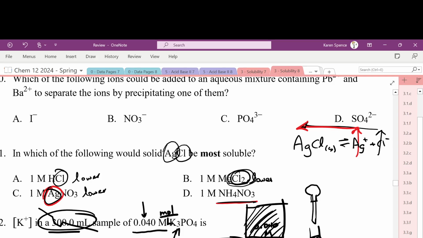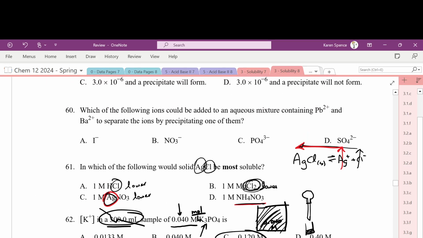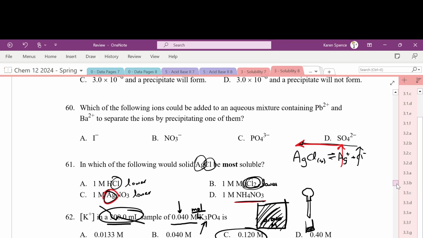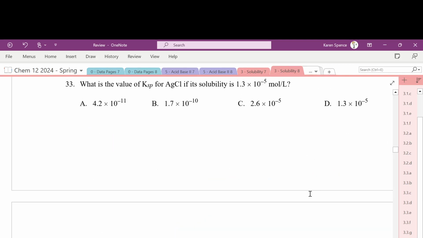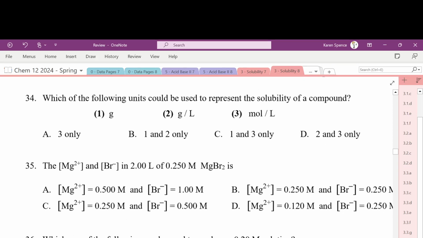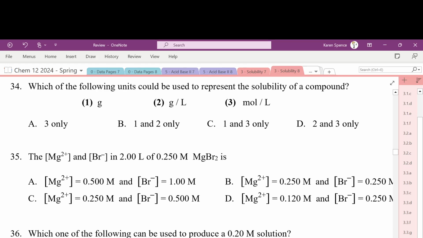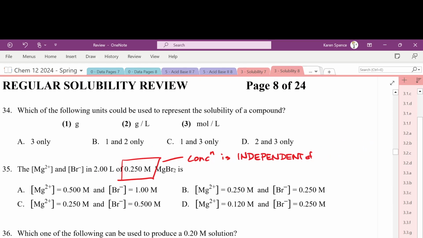Yes? 35. What do you remember about concentration? Concentration is independent of volume.